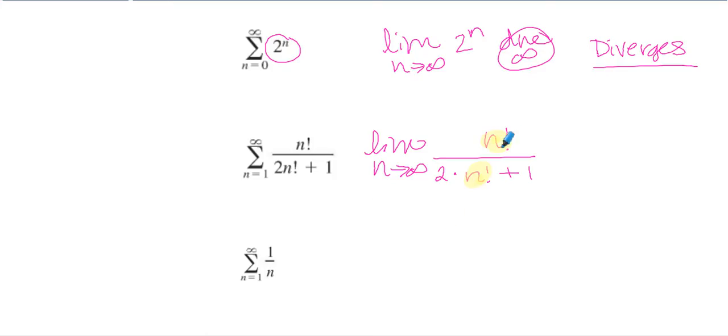So whatever the top is, the bottom is going to be 2 times that number plus 1. We've talked about this enough in so many different circumstances that you should realize that eventually this plus 1 won't even matter. The bottom is basically going to be double whatever the top is, and the limit of this thing as n approaches infinity is going to be 1/2. In terms of trying to figure out whether this series converges or diverges, if the limit of this nth term equals 1/2, which isn't 0, then that's enough to tell us that this series diverges.